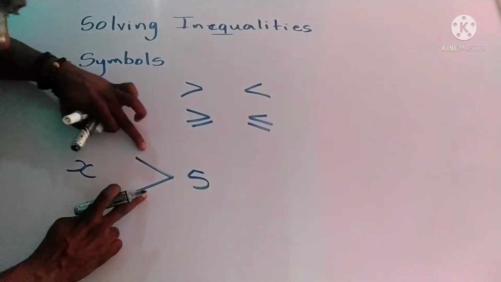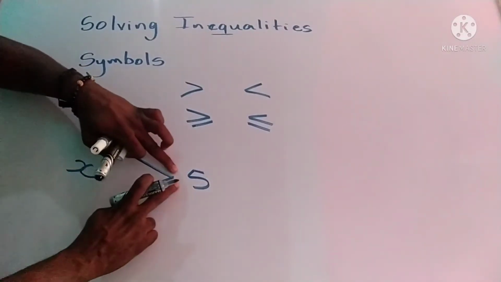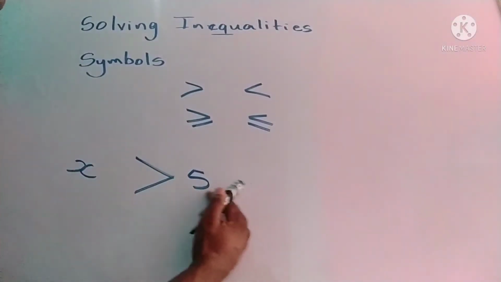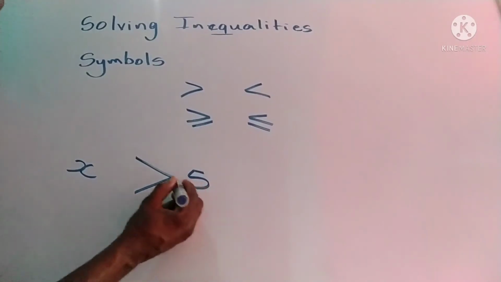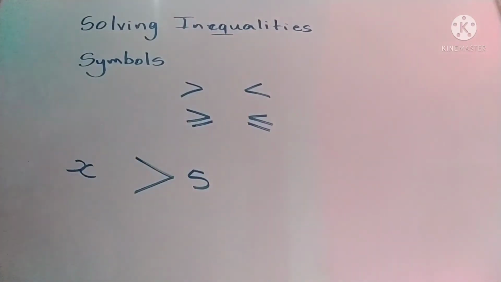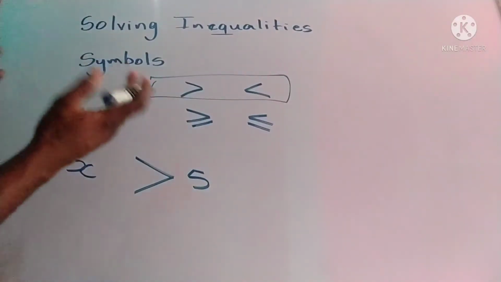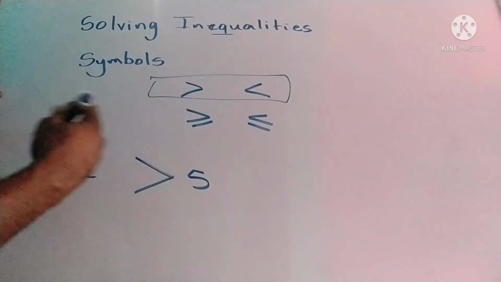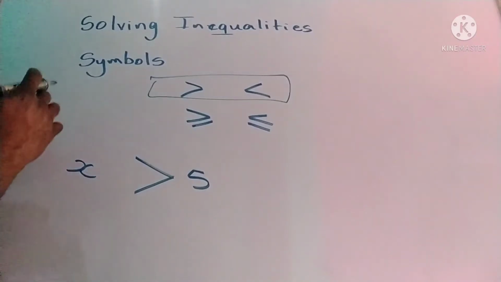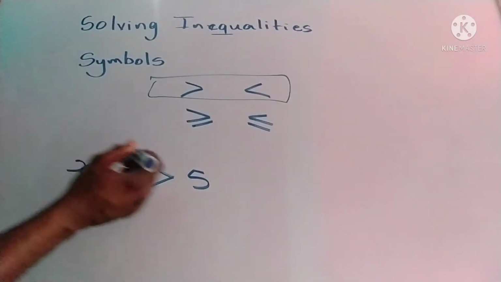But if you notice, it's closing down to the 5. So from this angle, I would read it 5 is less than x, right? So it simply means that none of these two signs is a greater than or a less than sign. It depends on which side you're reading it from. Does it open to you or does it close down or point to you, right?